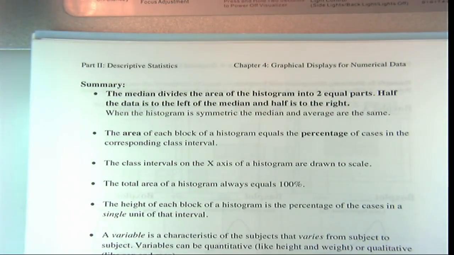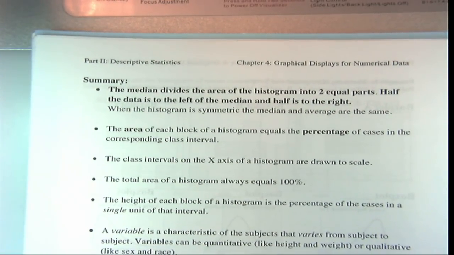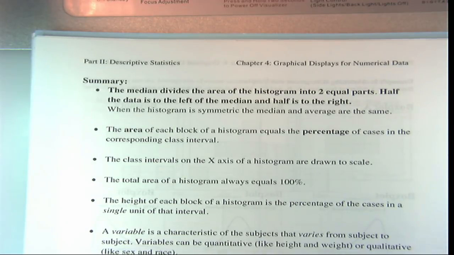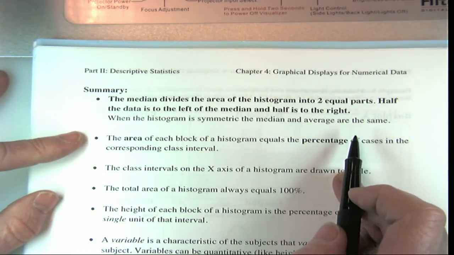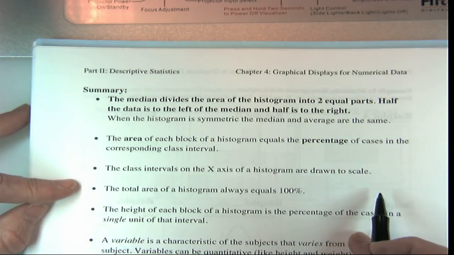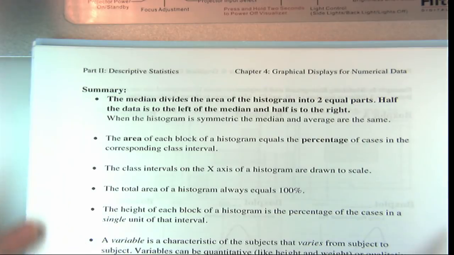So now let's read the summary again and make sure that these summaries are really useful. Let's look at this one and see what it says. The median divides the area into two equal parts, right? This is all important.